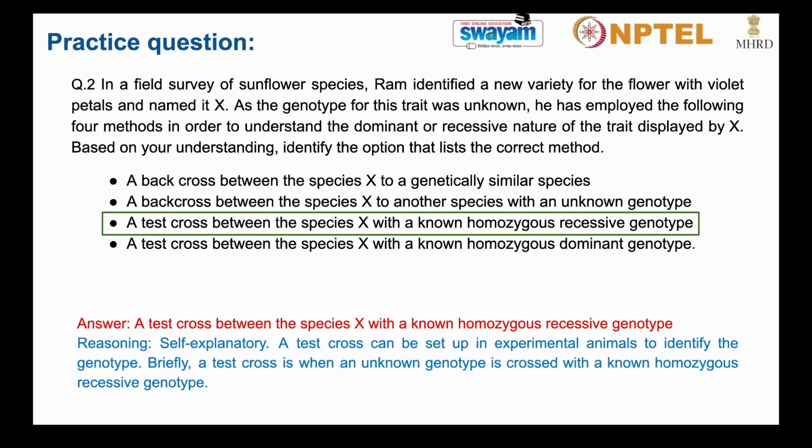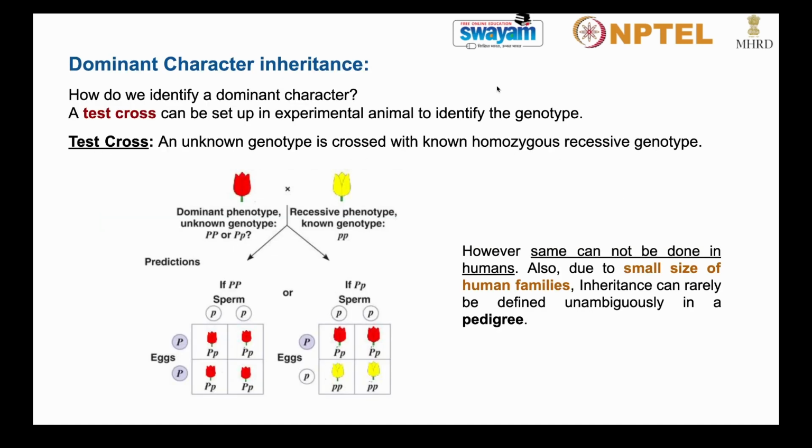I'll give you the representation for this test cross. Here you can see the test cross is generally used to study dominant character inheritance. So we can identify a dominant character by performing the test cross, in which the unknown genotype is crossed with the known homozygous recessive genotype.